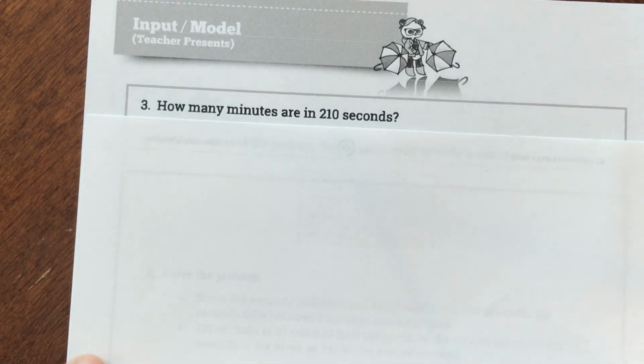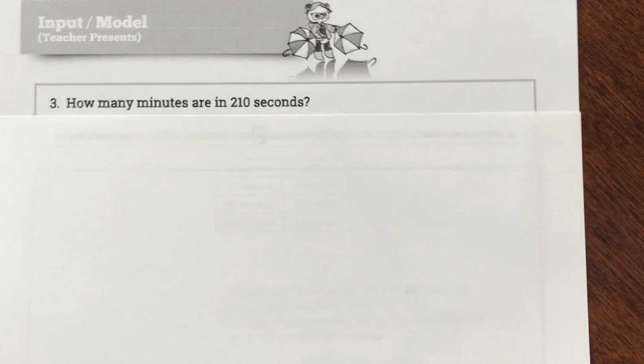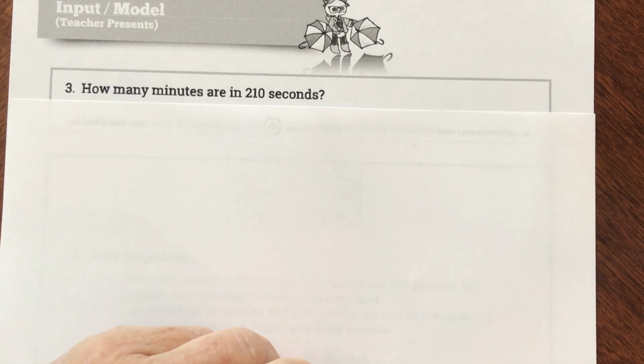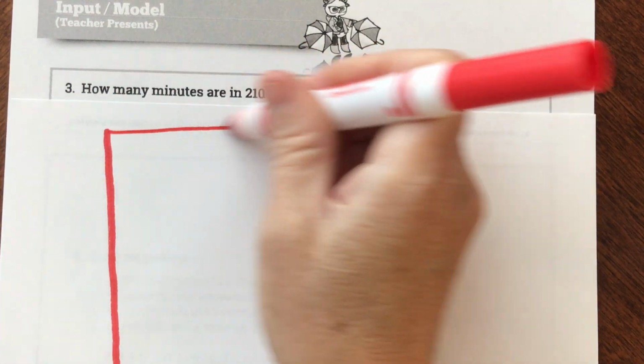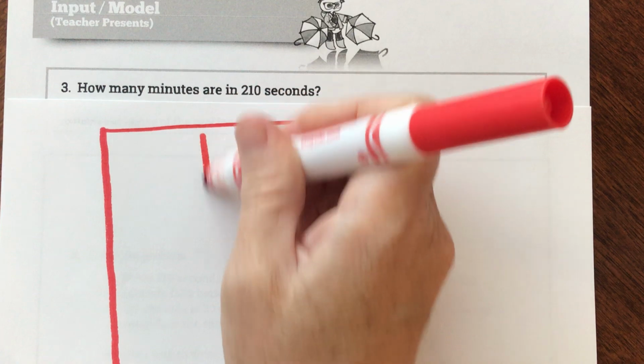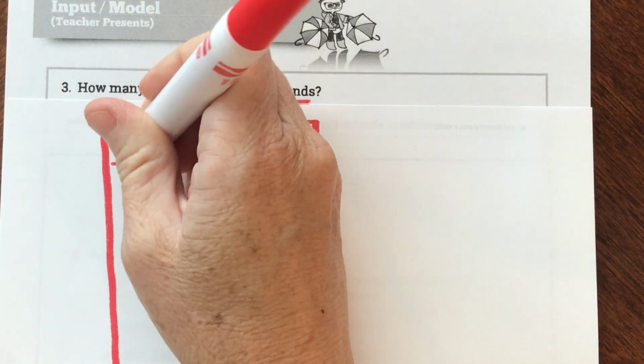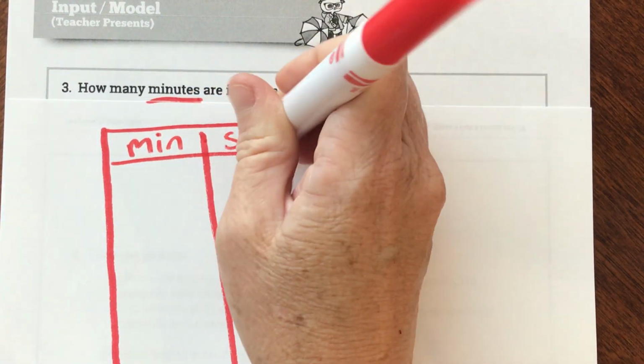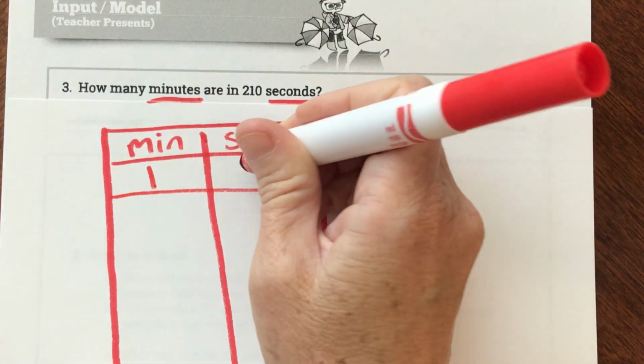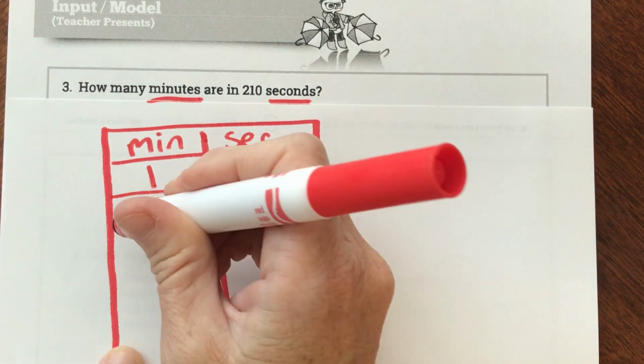How many minutes are in 210 seconds? Okay, I think for this strategy, I might try the table. So what do I know about minutes and seconds? I know 1 minute is 60 seconds.